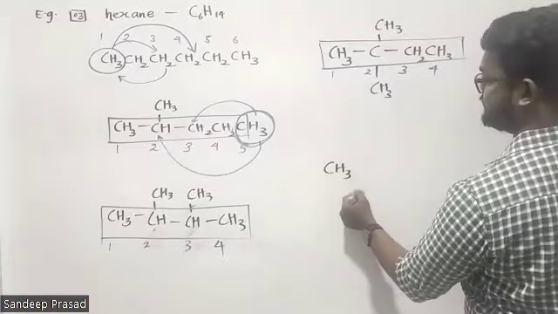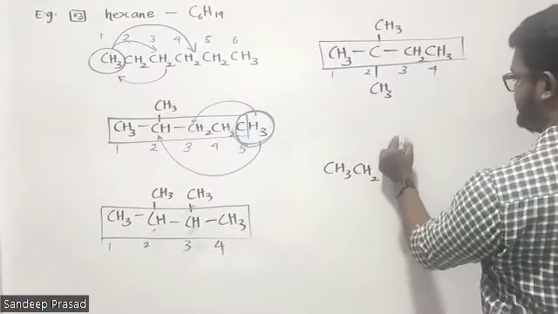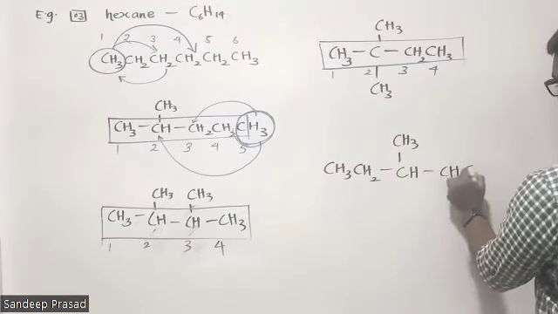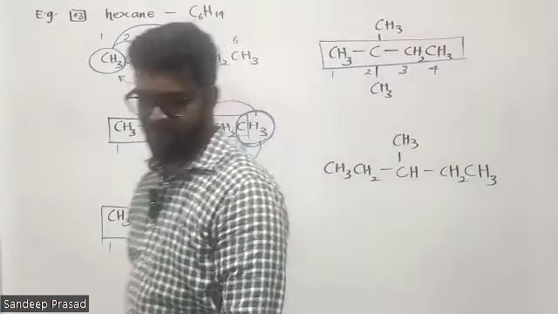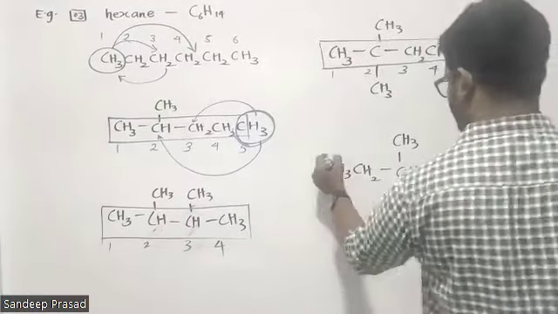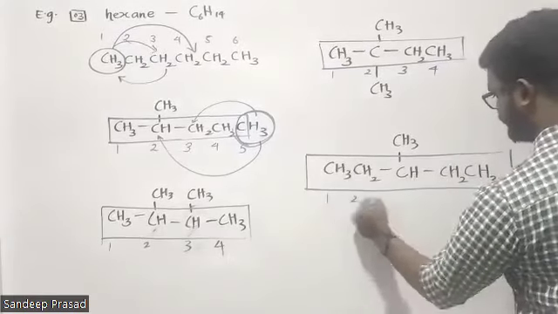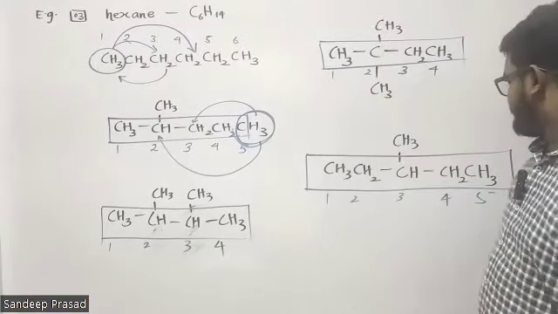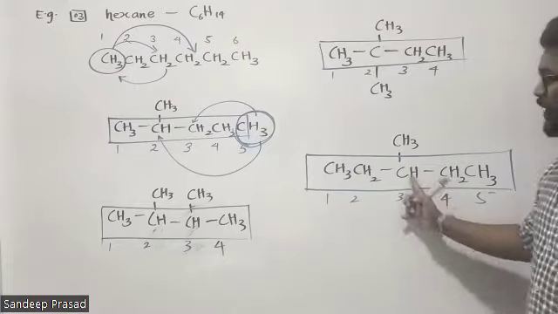CH3 and that hydrogen is going there. CH2, CH3, CH2, CH2. Here we can see 1, 2, 3, 4, 5 carbon atoms are there, but this one and this one are different.